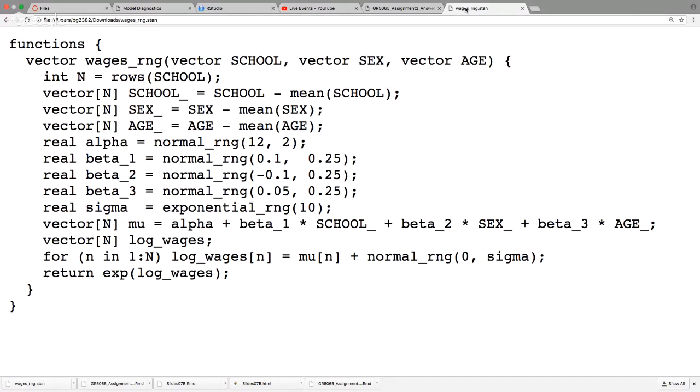Uniform on a bounded interval, it's a little bit weird to say, okay, the coefficient on women is uniform between 0 and -0.5. Basically saying it's totally possible that it could be 0.5, as possible as anything else, but 5.1 is impossible.